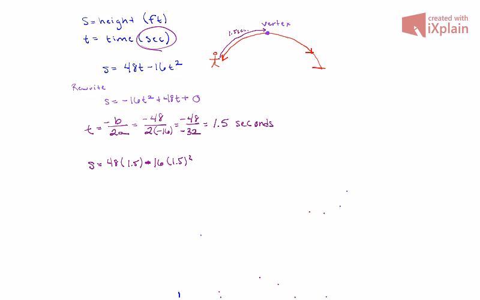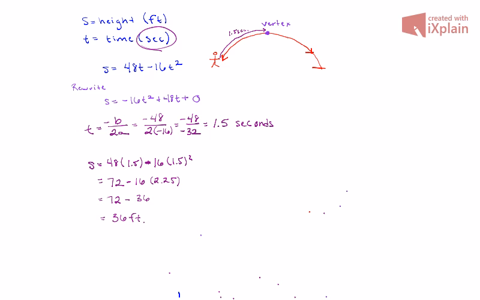If we perform this calculation, 48 times 1.5 is going to give you 72, minus 16 times 1.5 squared, which is 2.25. We continue along with these calculations. 16 times 2.25 gives you 36. And 72 minus 36 gives you 36 feet.